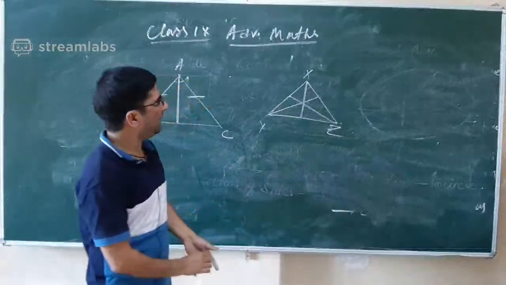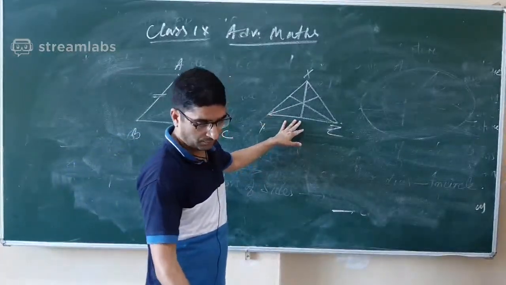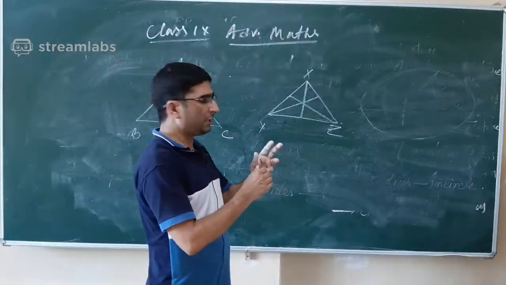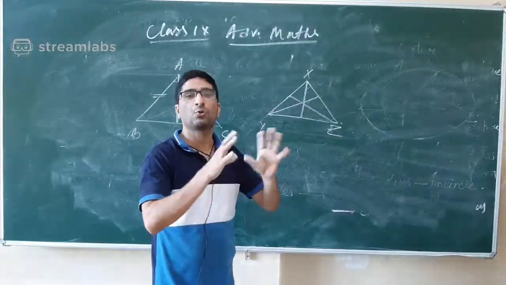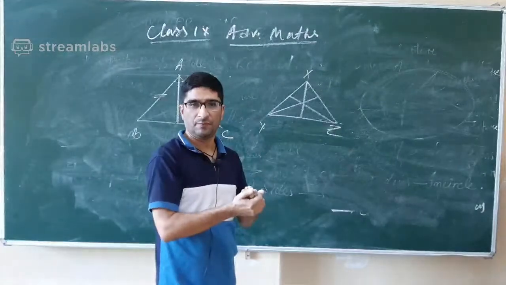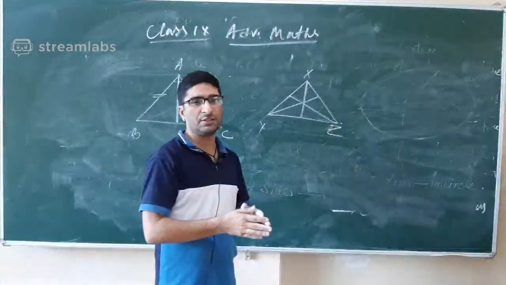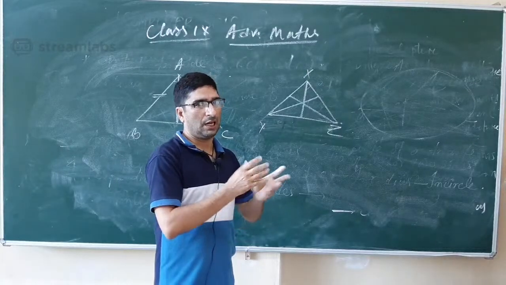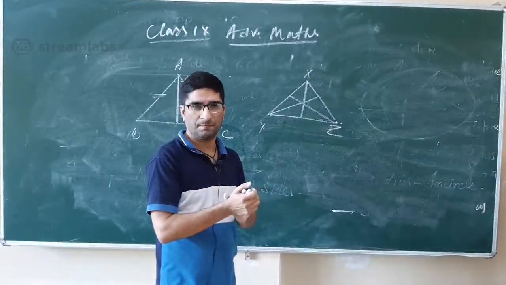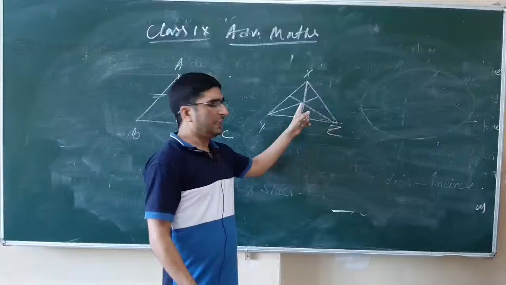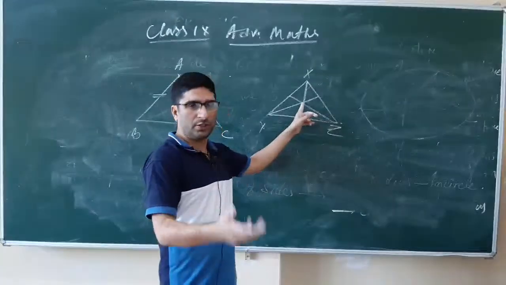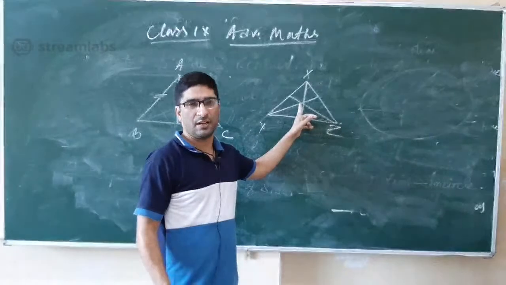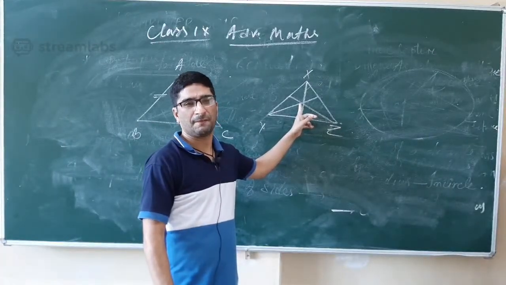That means in an equilateral triangle, median, altitude and angle bisector coincide, they are the same. In this condition, for an equilateral triangle, centroid, orthocenter and incenter always coincide.